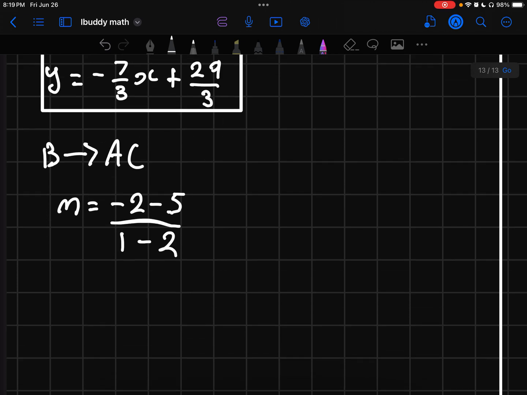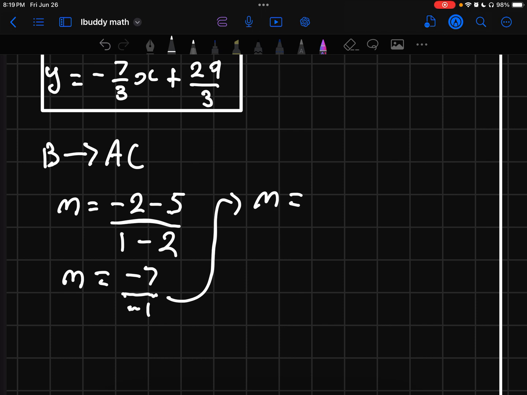And that would leave us with m is equal to -7 over -1. M is equal to 7. And now we have to turn this into a negative reciprocal. And that would become m is equal to -1 over 7.